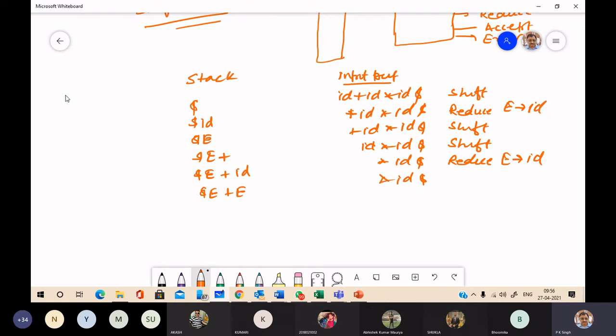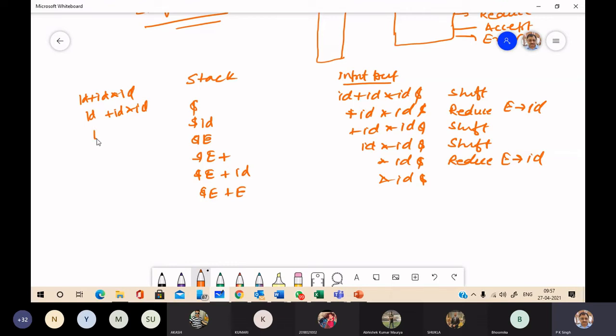At the first stage the stack is empty, but in the input buffer you have ID plus ID into ID. In the second stage you have ID in the stack and plus ID into ID in the input buffer. This is a right sentential form.